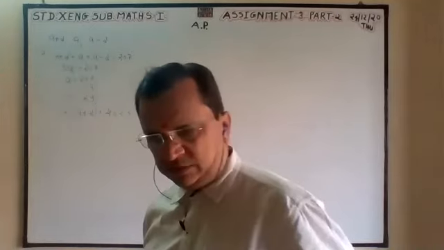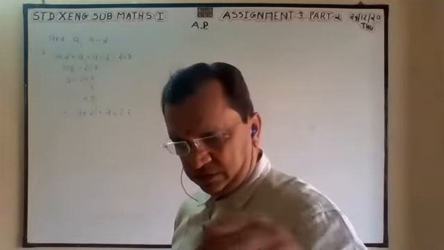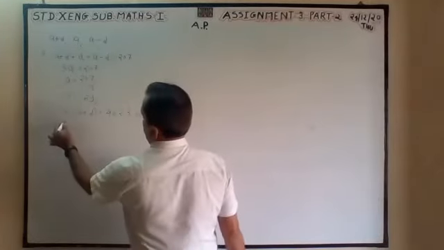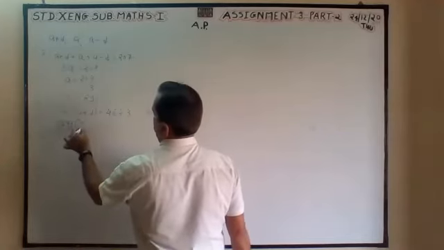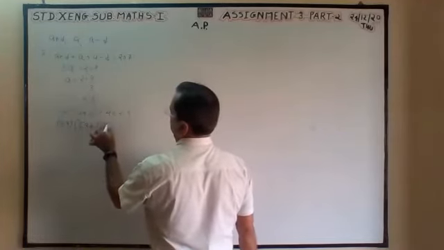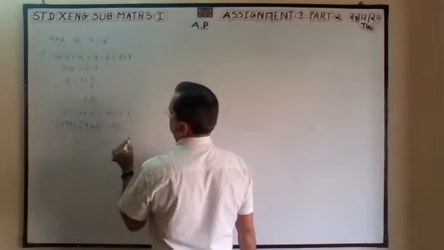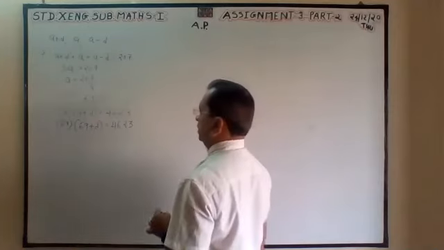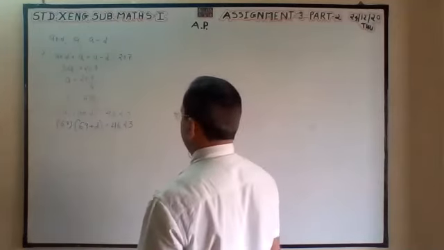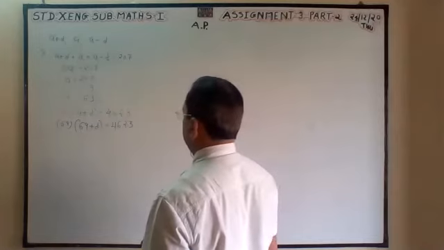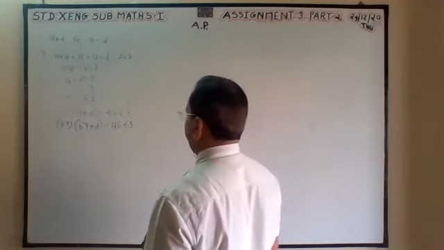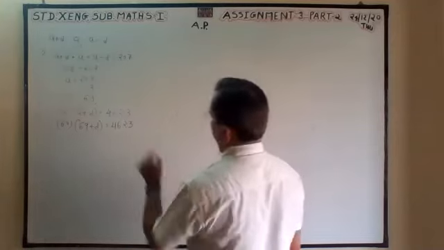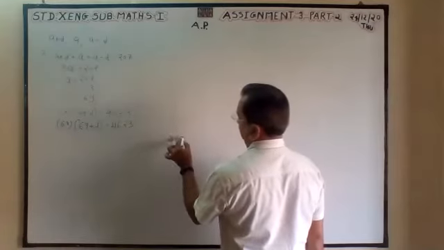So this is 69 times (69 plus D) equals 4623. Divide this by 69.